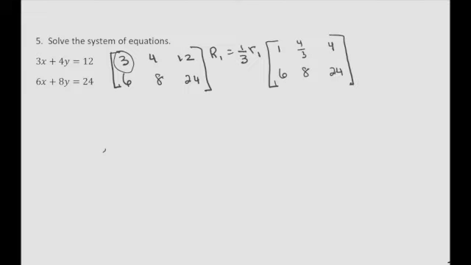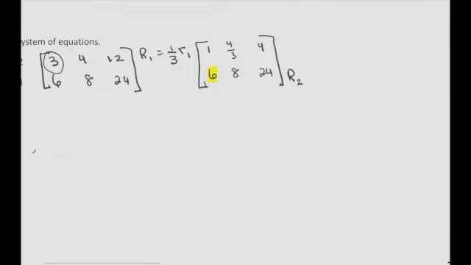Okay, and now I need a 0 right here. So my new row 2 is going to be old row 2 minus 6 times row 1, because I need a 0 and I can't multiply by 0. That would wreck the whole line.